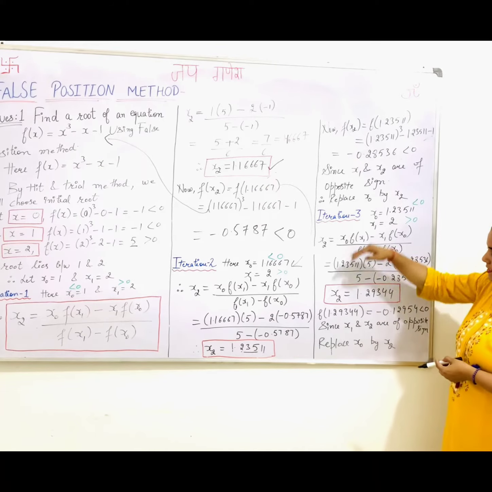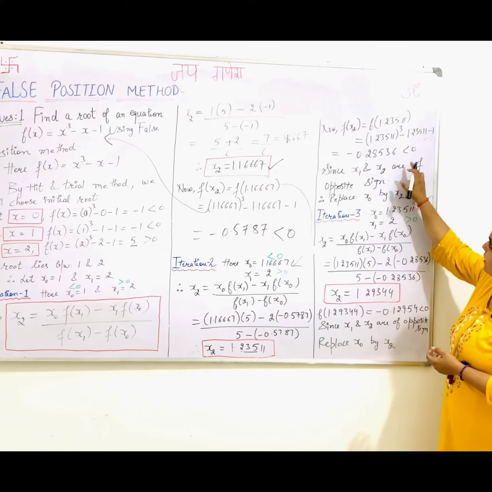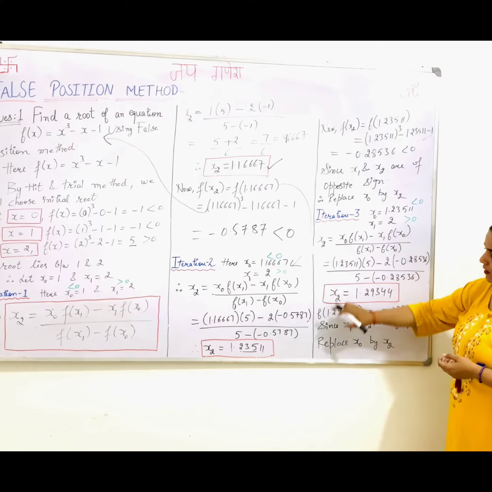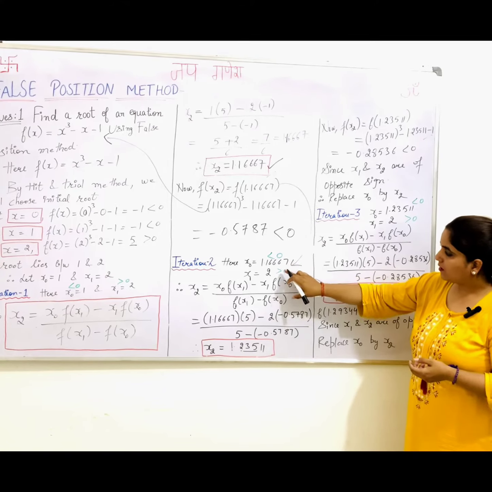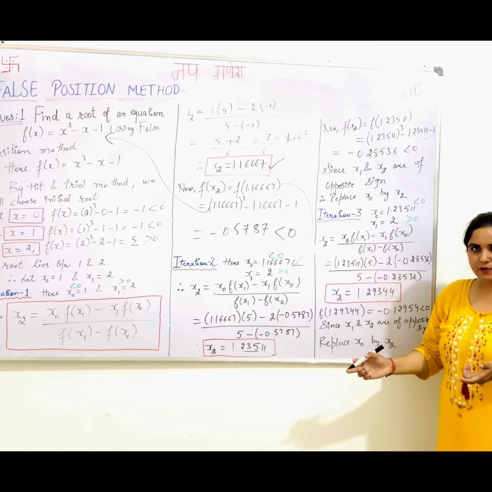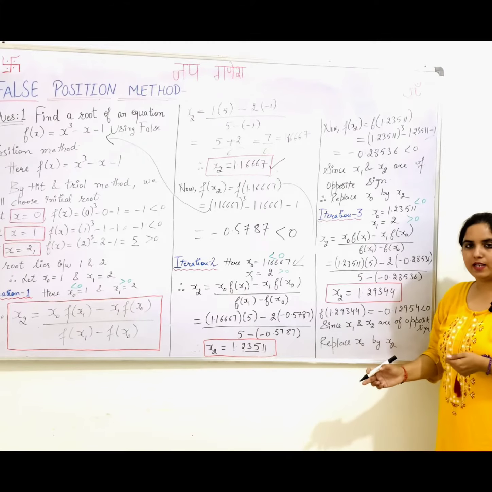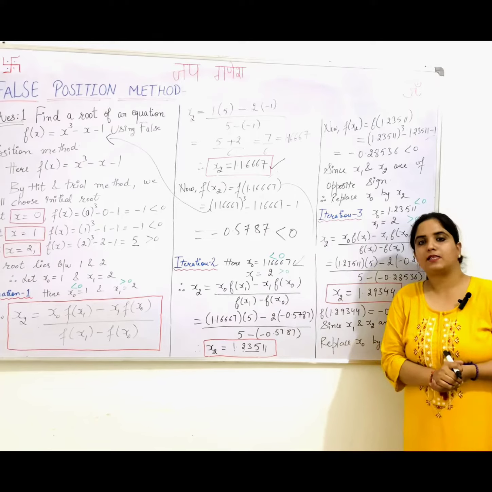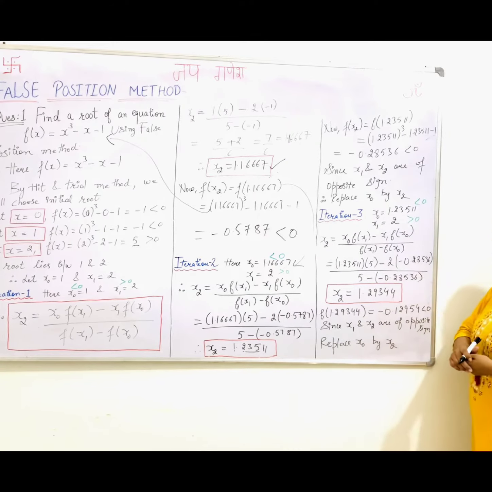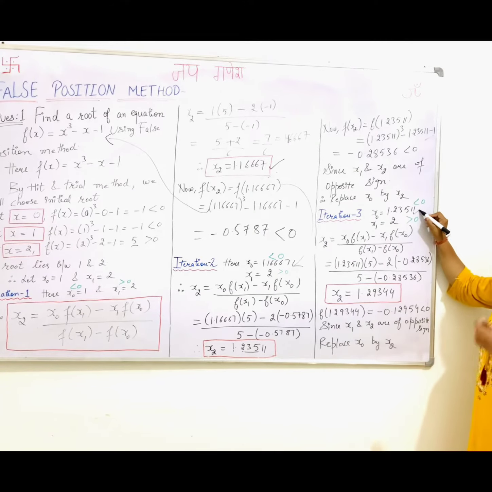See, if I see all the values, I have got 1.23511. Before that, I had 1.16667. So these all are giving us negative values. There is only one positive value till now, that is f of 2. You can see at the start, that is giving us plus 5. So that's why again the new value has to be taken.